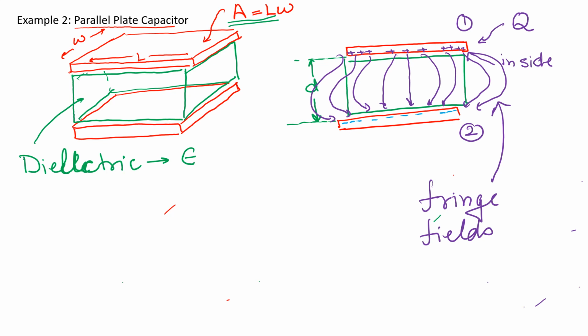And there is going to be some curvature to these electric fields. It's not going to be necessarily uniform because the charge is not uniform. This is the most accurate picture.